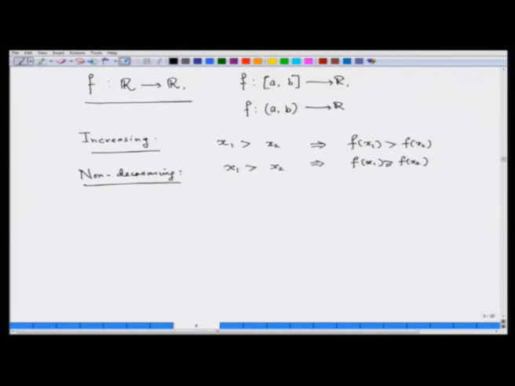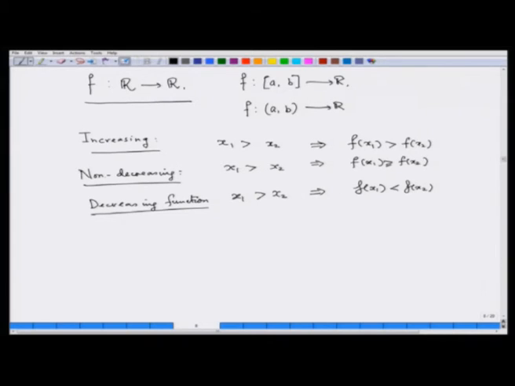Similarly, you can talk about decreasing functions. In that case, whenever x1 is strictly bigger than x2, you have f of x1 strictly less than f of x2.